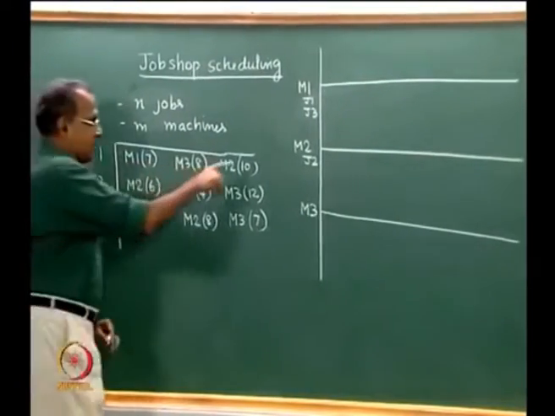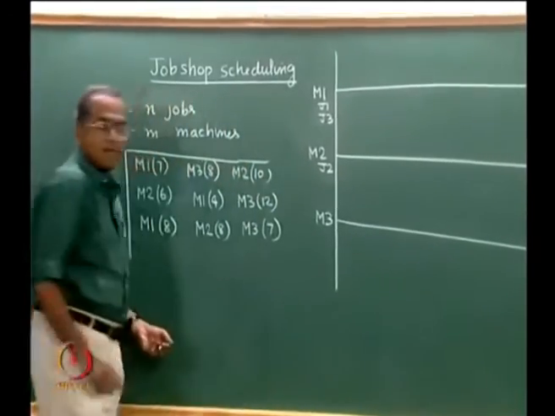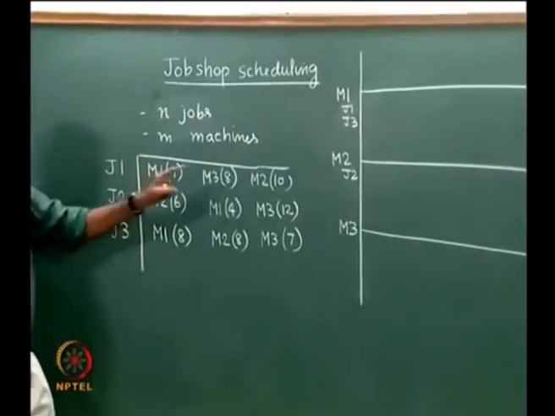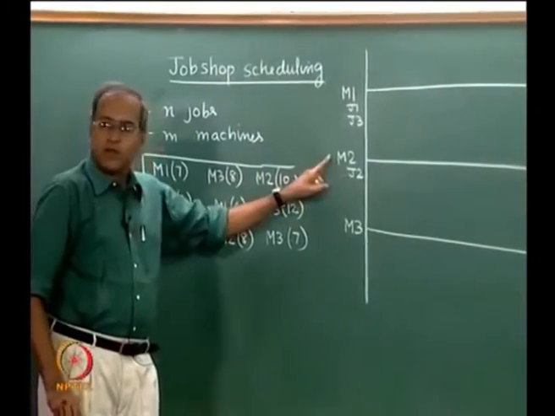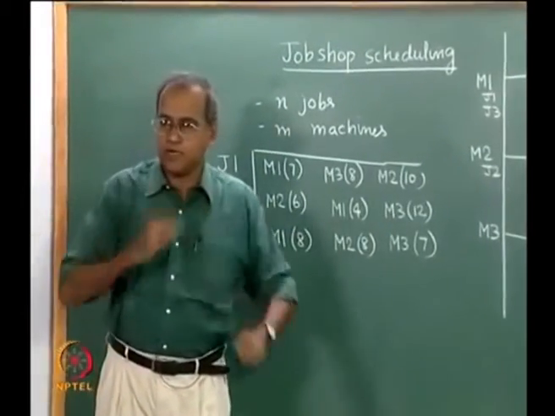If we look at machine M2 at time equal to 0, job J2 is standing in front of M2, there is only one job waiting in front of M2. So, job J2 can be loaded on M2.